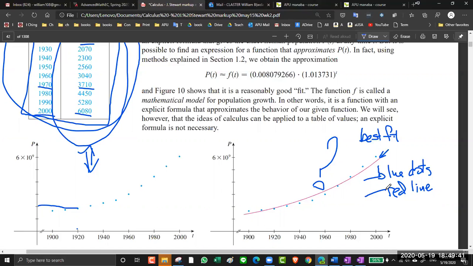Okay, let's have a poll. Let's see, how do I do this? Okay, here. I'll edit it.